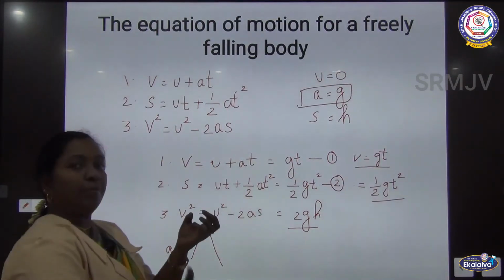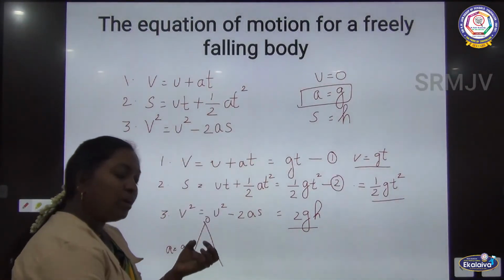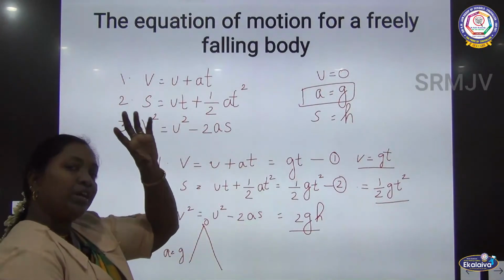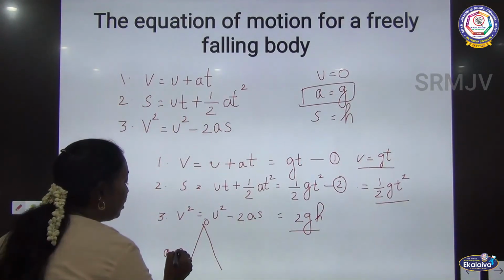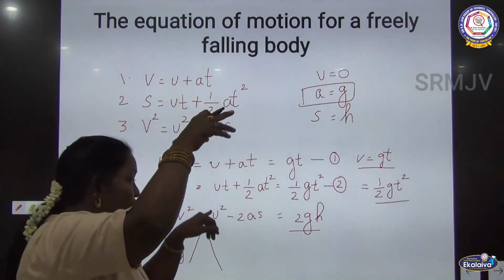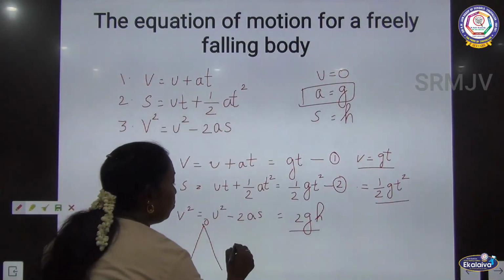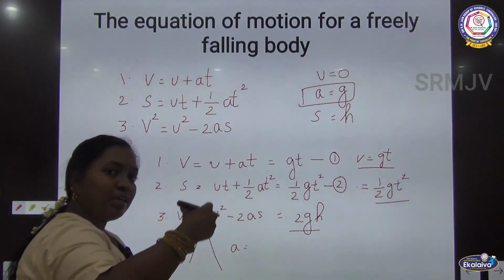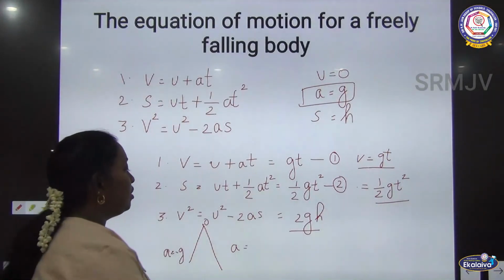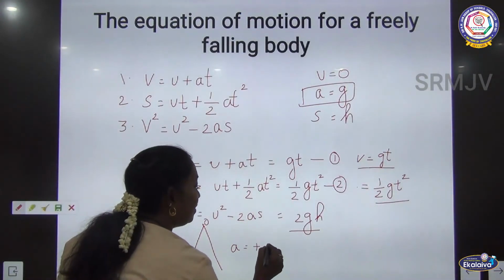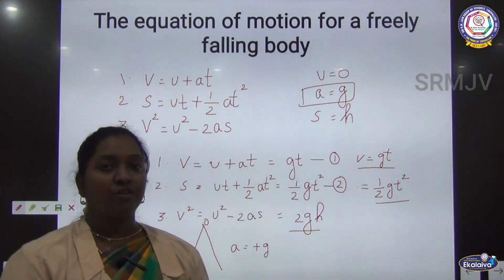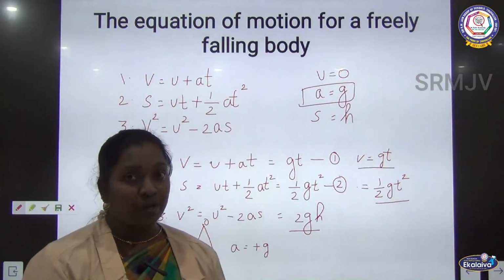When it goes up, gravity will pull it downward, isn't it? So against gravity, the object is going upward, so it is represented as minus g, negative. Where it attains 0, it will fall down. It is coming downward along the force of gravity, so it attains plus g. I hope you all understand the equations of motion of a freely falling body easily.